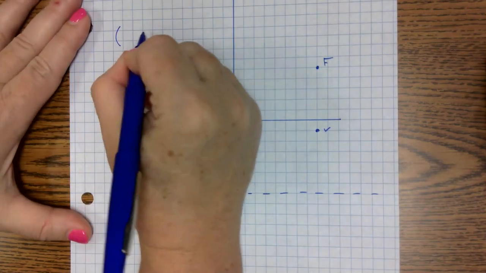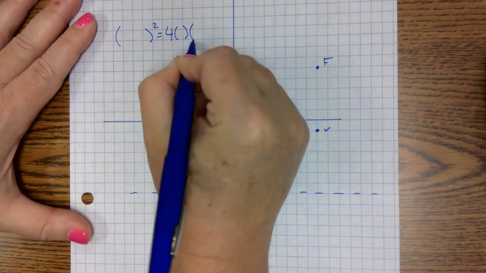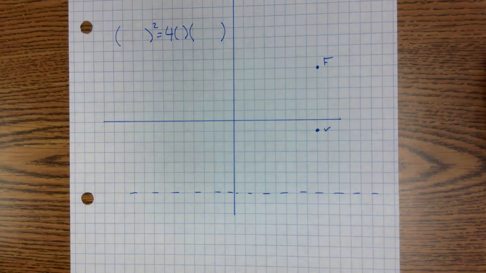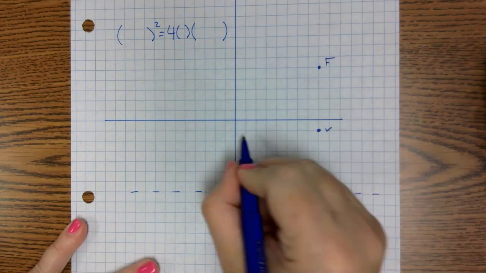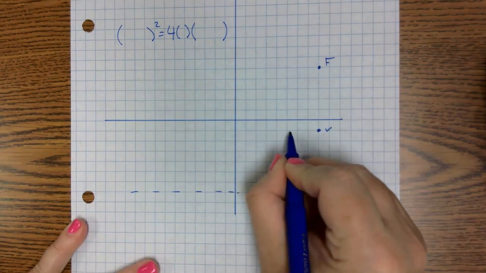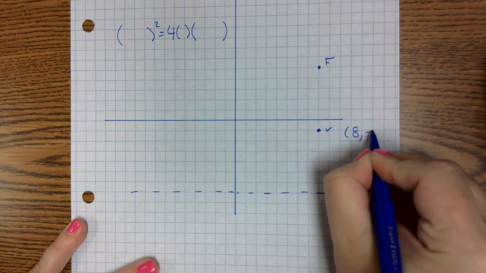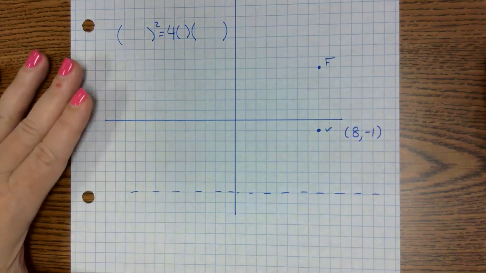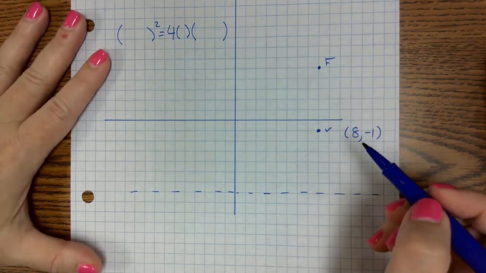Okay, so we're going to start by making our shell. My vertex is what? 1, 2, 3, 4, 5, 6, 7, 8. So it looks like it's 8, comma, -1. Before we can start doing things, which way does this graph have to go?